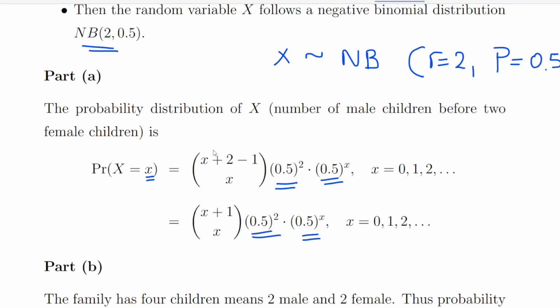That part there. So here we have the binomial coefficient. Here r is equal to 2. So x plus 2 minus 1, choose x, which can be simplified as x plus 1, choose x. So the binomial coefficient of x plus 1 and x. Just as a quick remark, there are ways to respecify binomial coefficients, just to make it as simplified as possible.